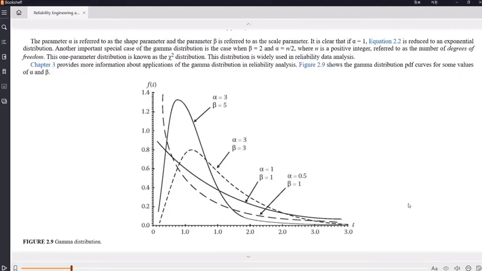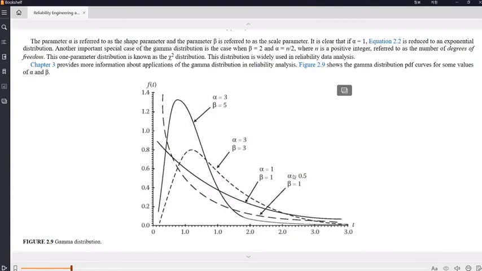So okay, in a similar way, we will be able to draw these graphs ourselves by using MATLAB or other software tools. When alpha equals 1 and beta equals 1, it becomes an exponential distribution.